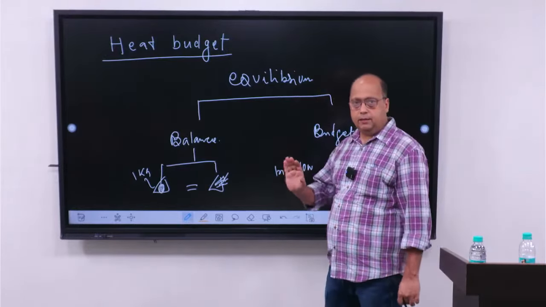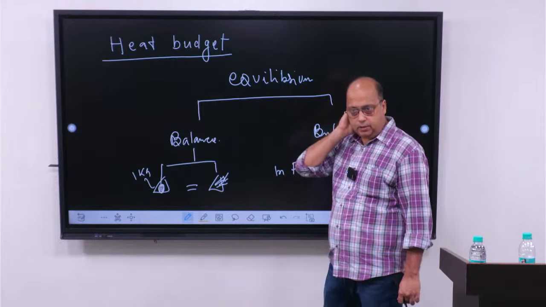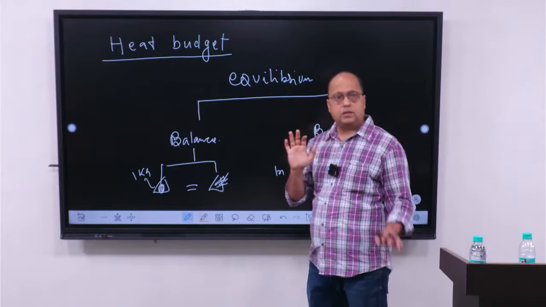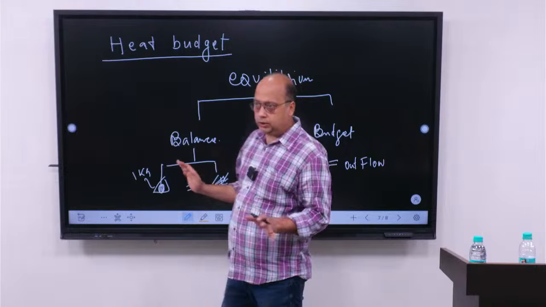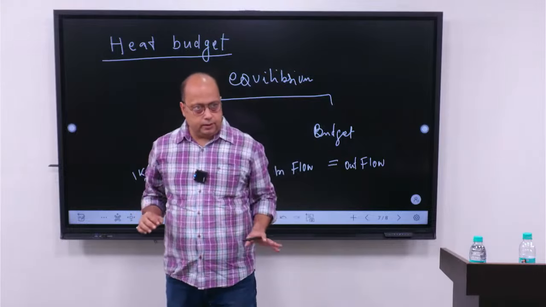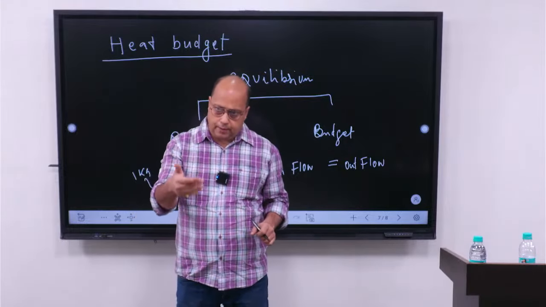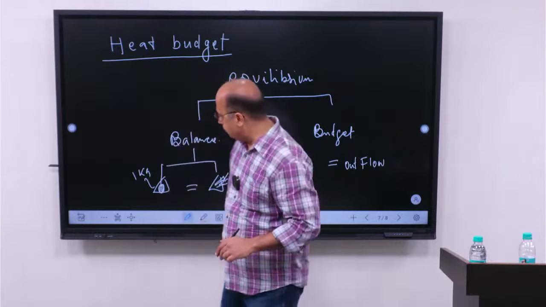So in budget we see the balance between incoming solar radiation and outgoing. So what I'll do, first I'll explain all the concepts. Then I'm going to give you the dictation, and you will have write-up notes also.